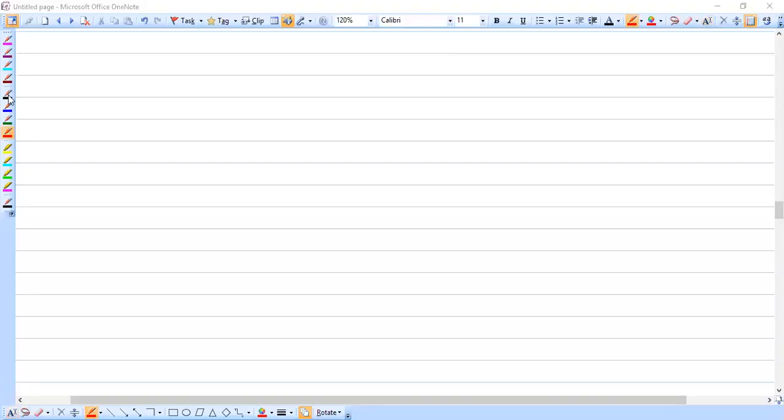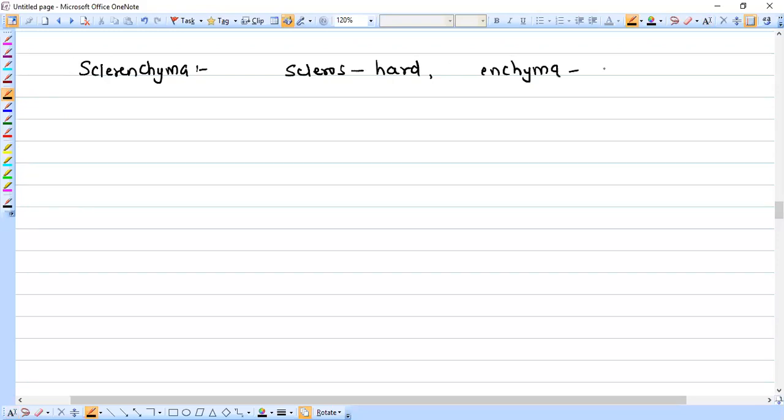Next, we have Sclerenchyma. First, let's understand what you mean by this word Sclerenchyma. The word here is scleros, and scleros means hard. Then we have the word enchyma. Enchyma means to pour.